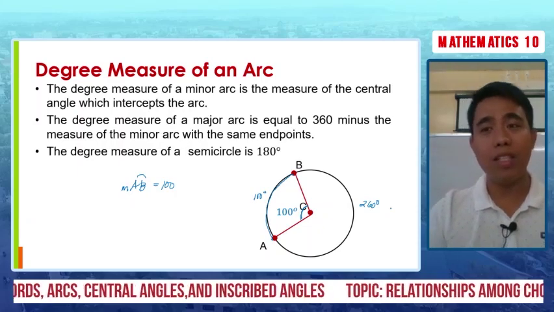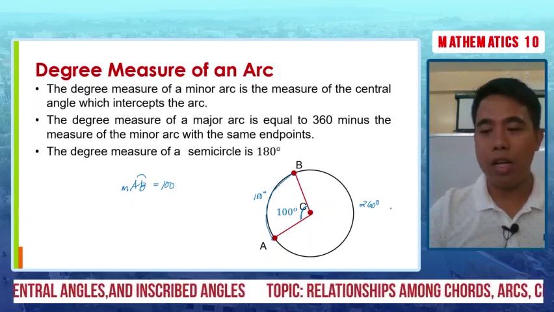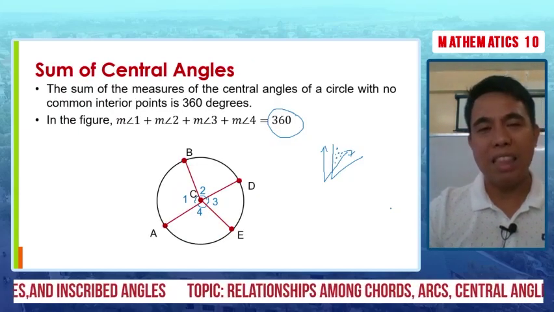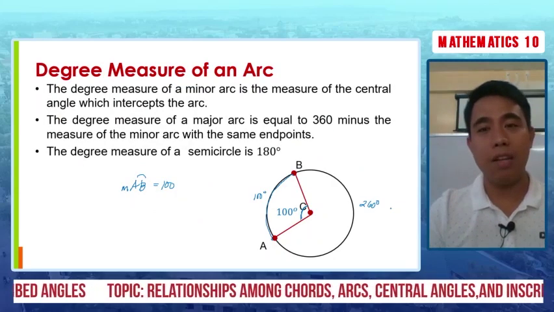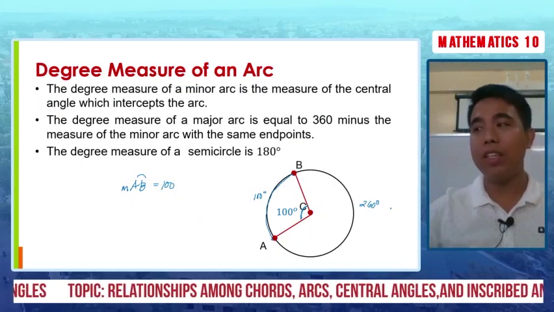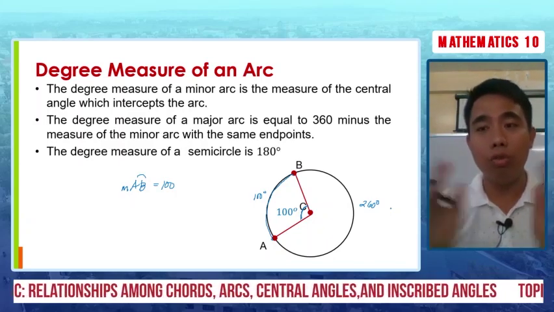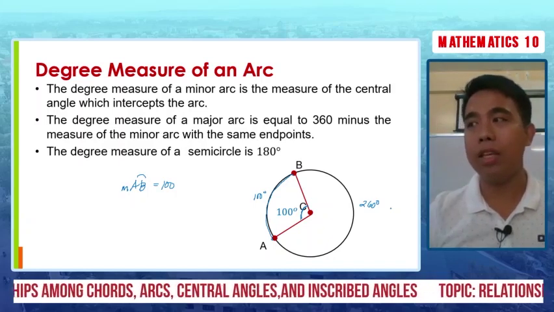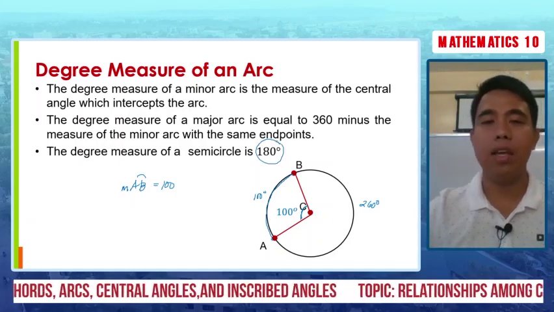Why? Because sabi nga natin, yung sum ng angles dun sa previous discussion natin, sum of central angles, kapag add natin lahat yan, it is equal to 360. At ang semicircle, yung diameter, dinidivide niya ngayon yung circle into 2. So yung semicircle, 360 divided by 2, 180. So yung degree measure ng semicircle is 180.